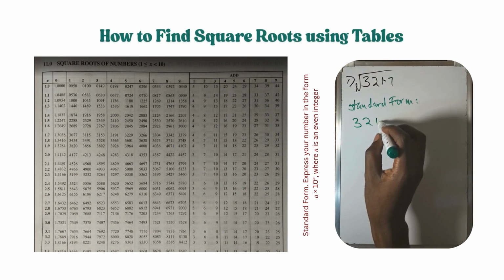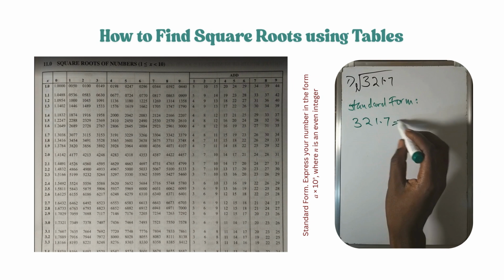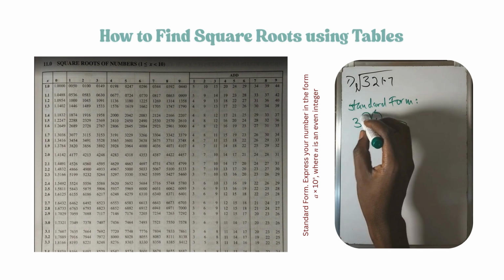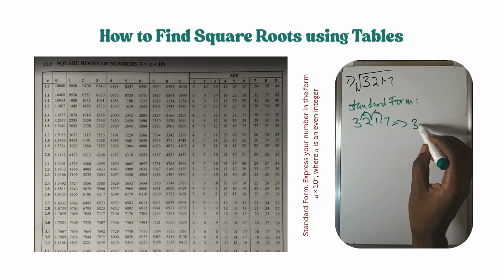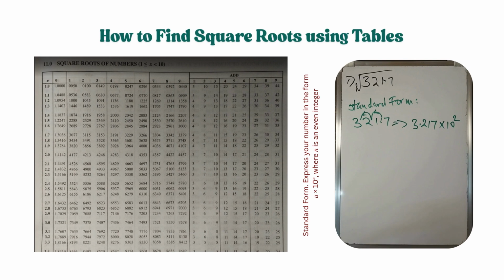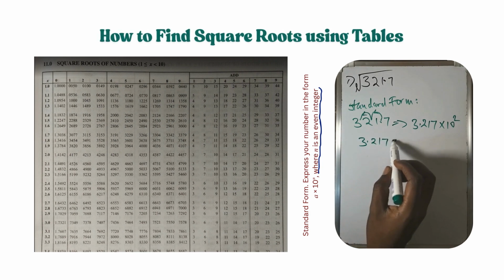For 321.7, we move the decimal 2 places, so it will be 3.217 times 10 squared. So let's find the square root of 3.217 times 10 squared.